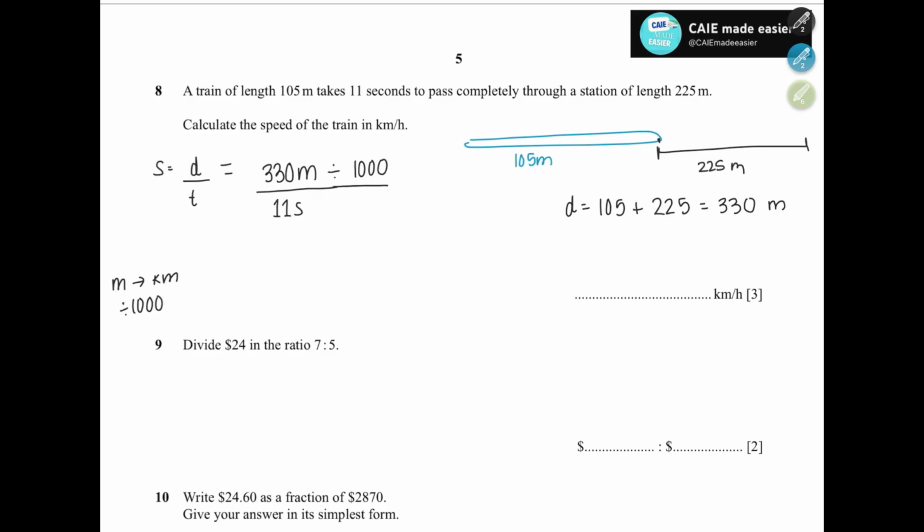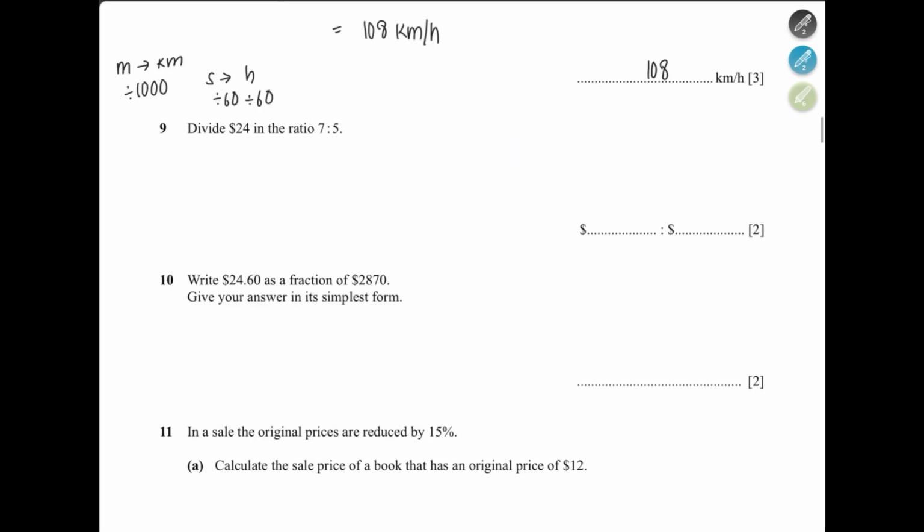Now seconds to hours. Small to big, divide by 60 to convert into minutes, and then divide by 60 again from minutes to hours. This is going to give us 108 kilometers per hour.